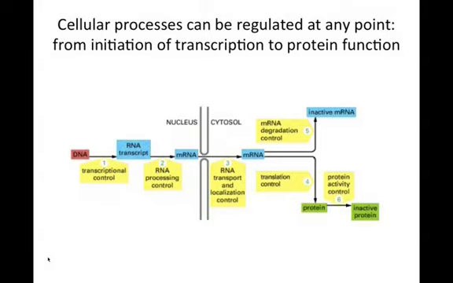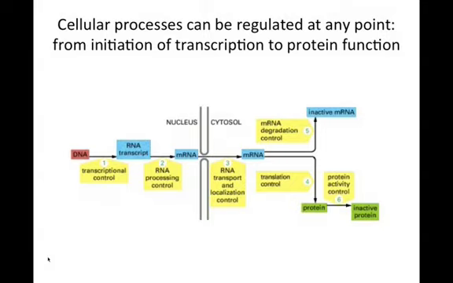And when you want to shut something off, what's the best way to shut off a process? You want to shut off M phase, you degrade. So remember, when you degrade proteins that are involved in regulating certain processes, you're shutting off that process.